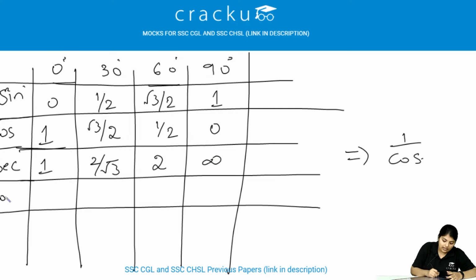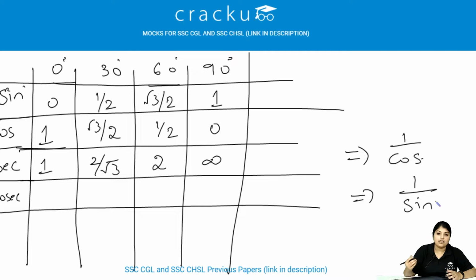Okay, cosecant is 1 by sine, it is the reciprocal of sine. Cosecant is 1 by 0, infinity, 1 by 1/2 is 2, 1 by root 3 by 2 is 2 by root 3 and 1 by 1 is 1.